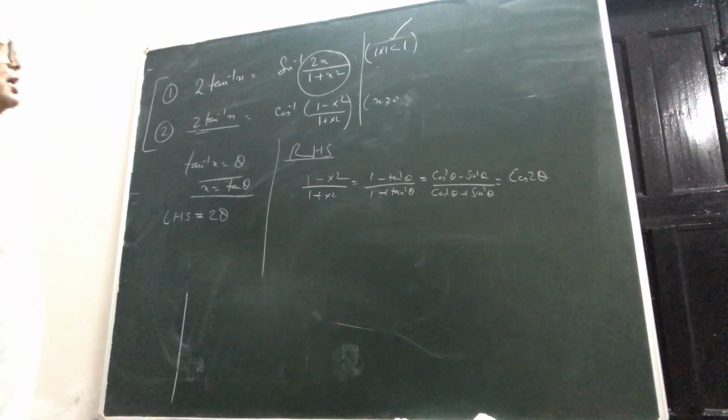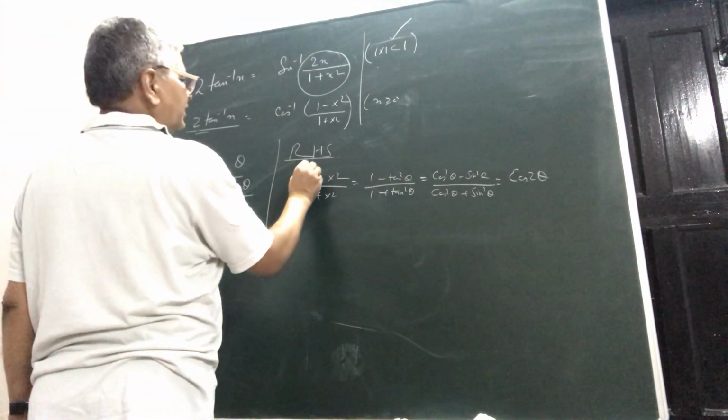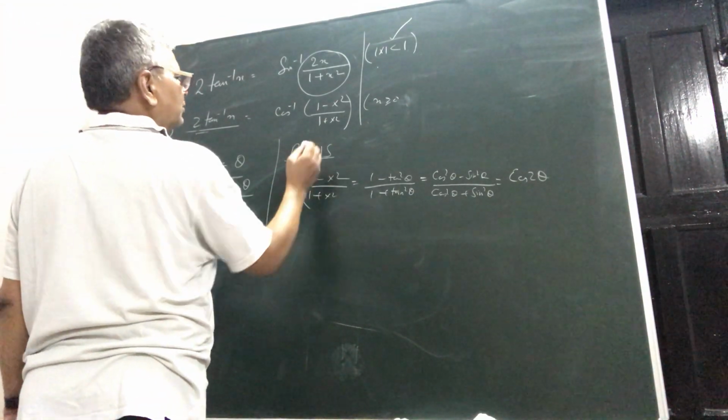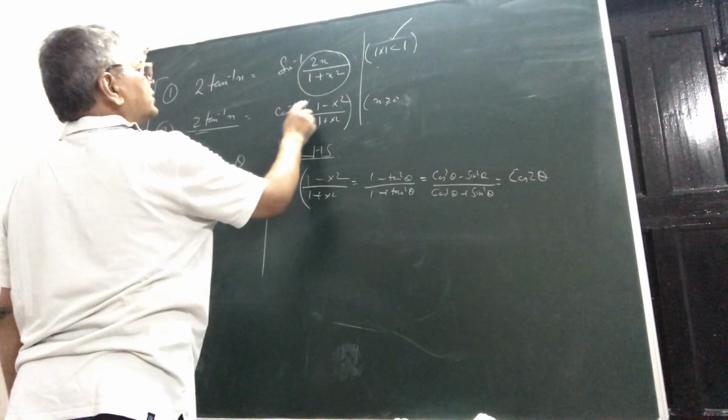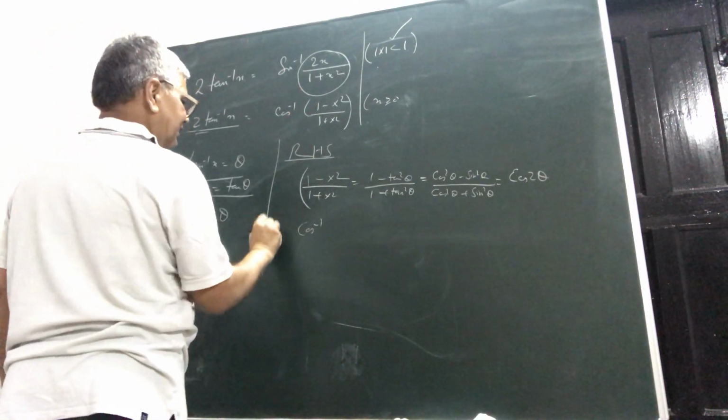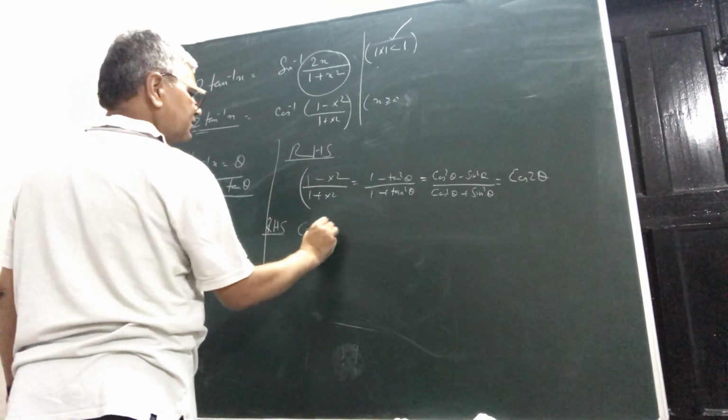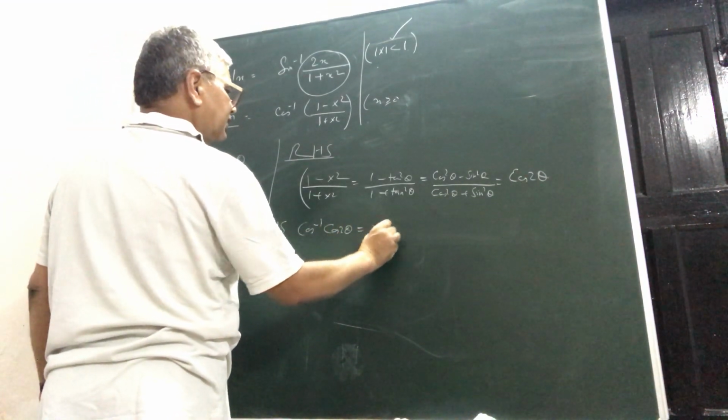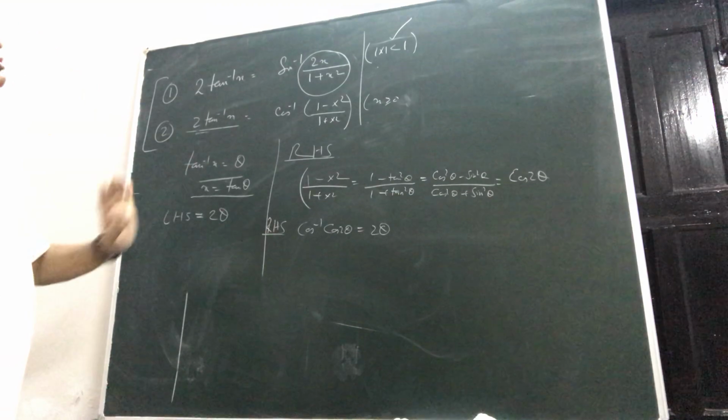And the right hand side now will be cos inverse cos 2 theta, that is 2 theta. Both left side and right side are 2 theta, fine.